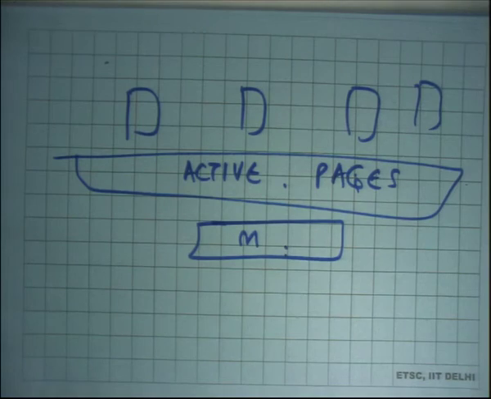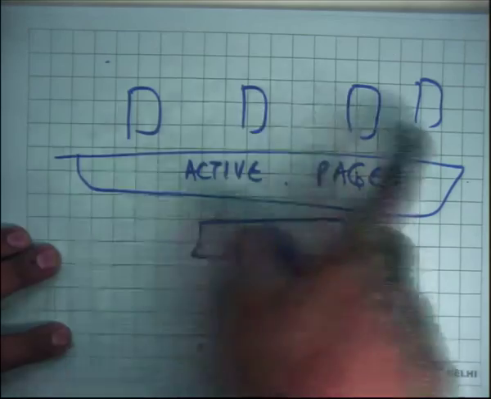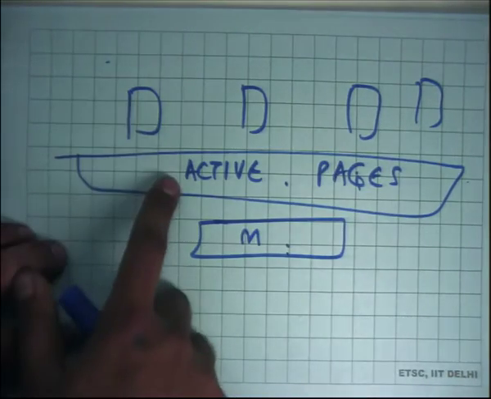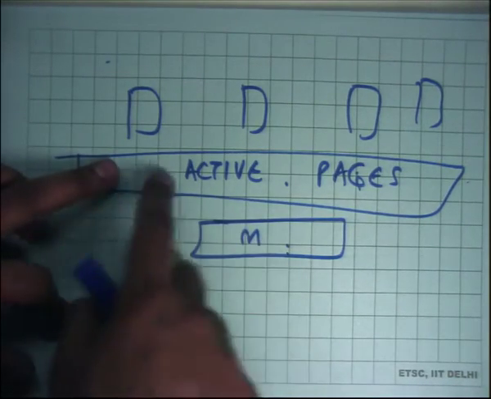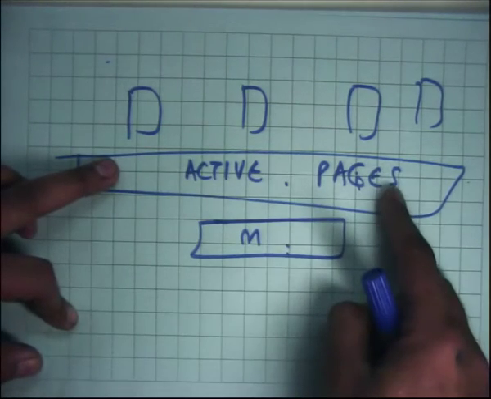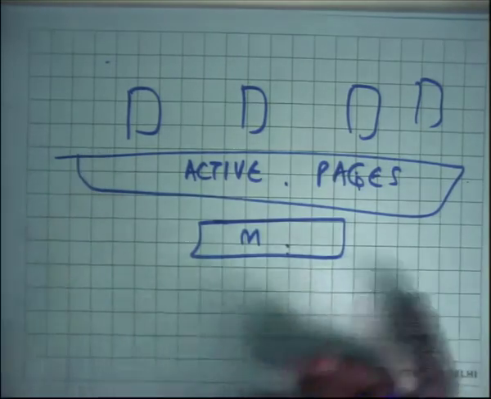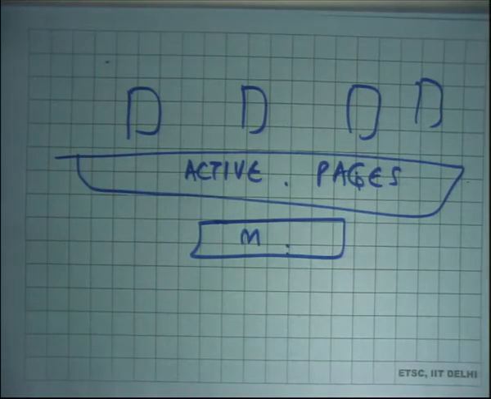So what's likely to happen is processes are likely to take lots of page faults. Let's say this process takes a page fault. It will go to the disk and replace one of the pages that are resident, and because all these pages are active, most likely you will replace an active page.